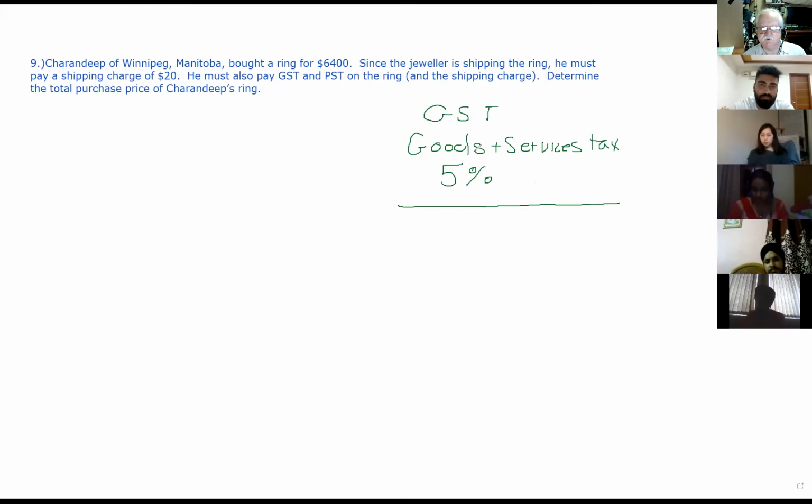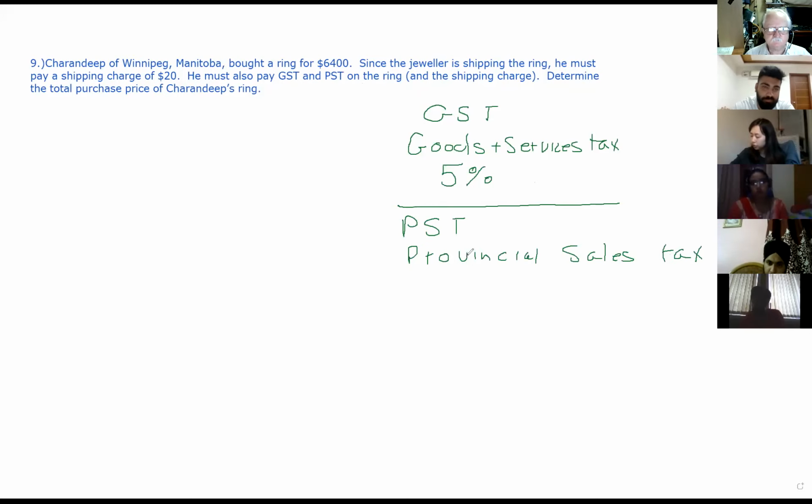So that's the GST. We also have the PST, which is the provincial sales tax. In the textbook, they have tax rates, but these are different for every province.